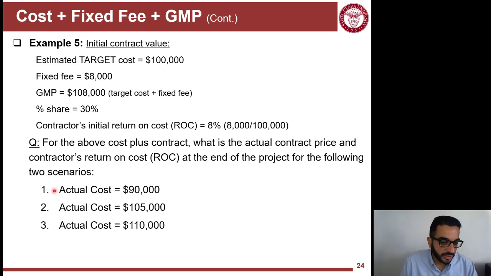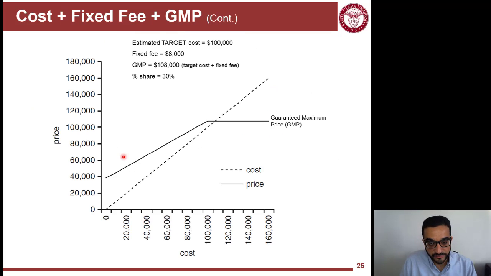Let's see here. In this example, we'll see three scenarios, not two scenarios. If the actual cost is 90,000, 105K, and 110K. When you do that, we'll get a generalized understanding now of this graphical representation here, that this is the ceiling here. But the contractor can be paid less than that, which is not bad news.